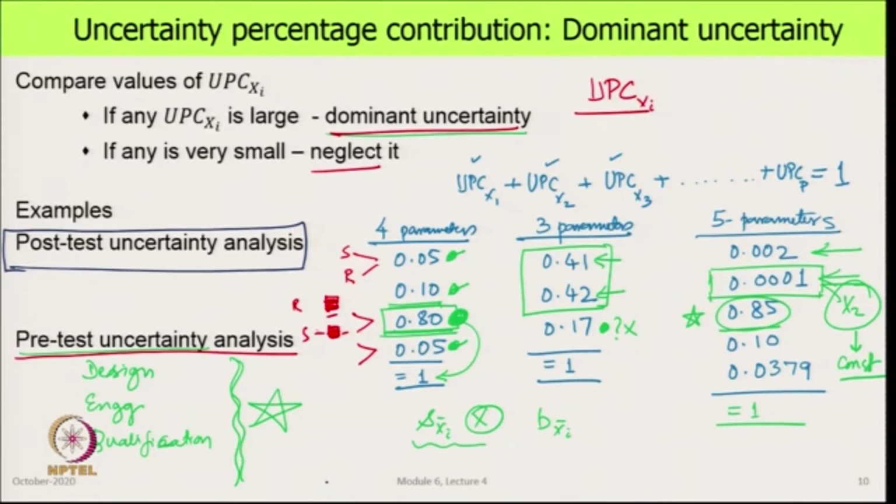If we draw a certain conclusion based on the values of the result, then we can go further and qualify it and say in this result, this particular factor was the dominant uncertainty, and in light of that, the interpretation of that result should be done in a different way. So, that is how valuable our UPC has been in both the pre-test phase and in the post-test phase.